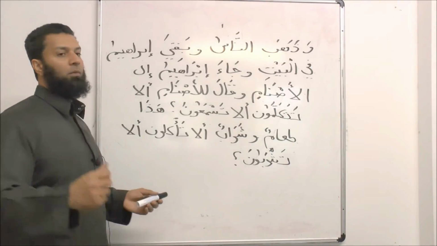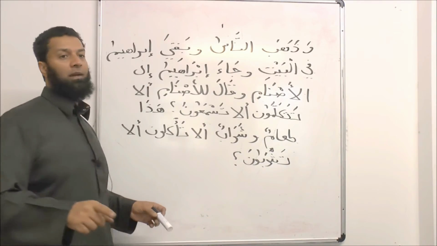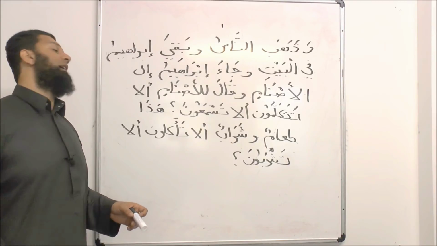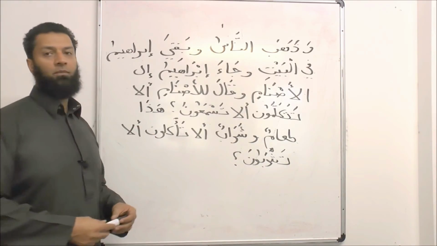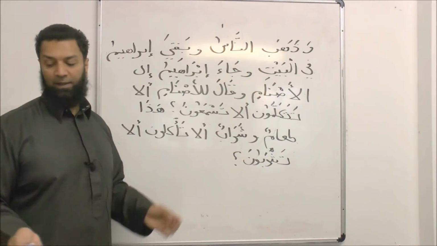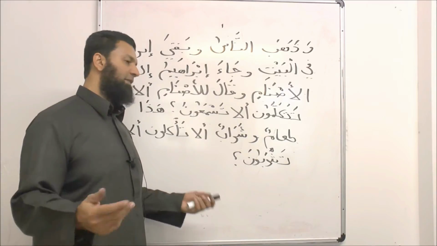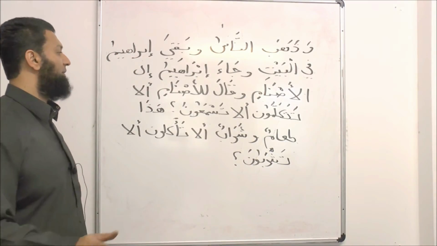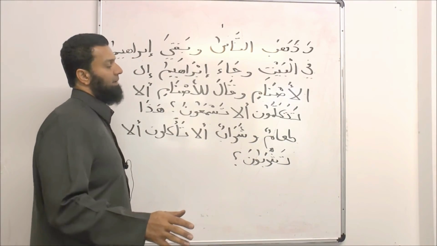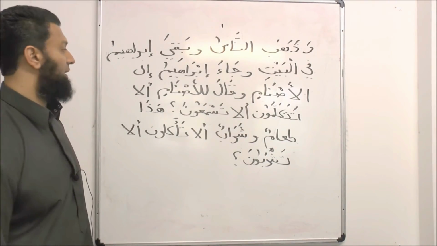Now, we want to say, guests came to my house and I said to them, do you want to eat? Do you want to drink? Not that you should say that to your guests and you should just provide it, but for the purpose of Arabic, we'll create the sentence.